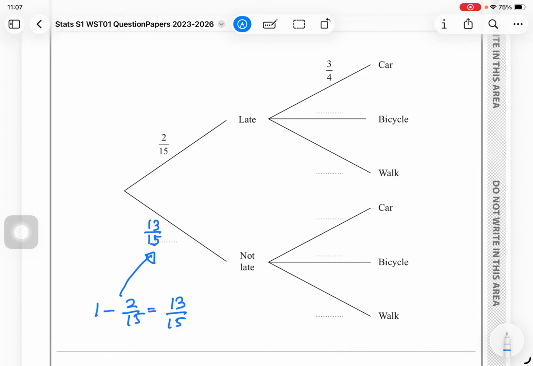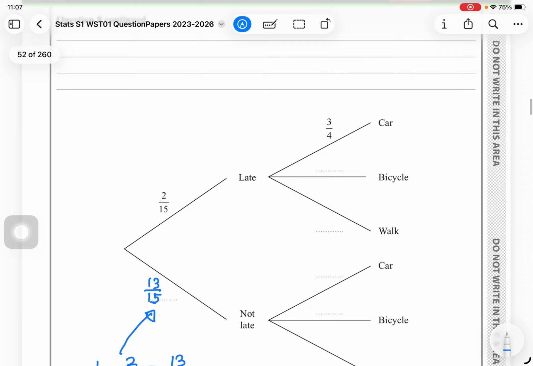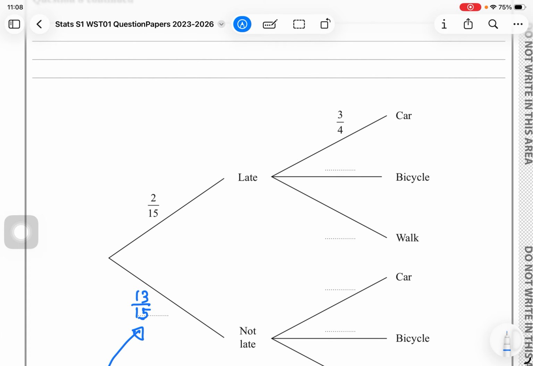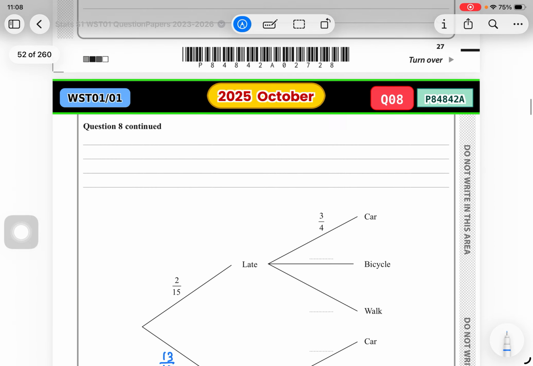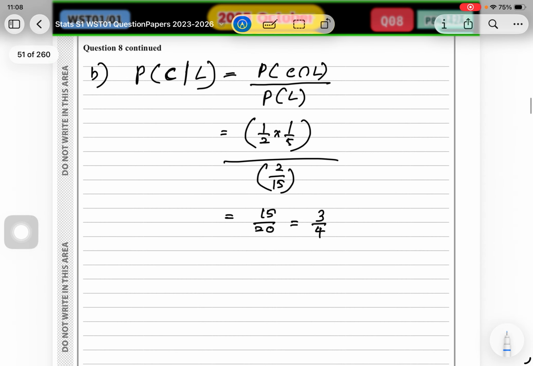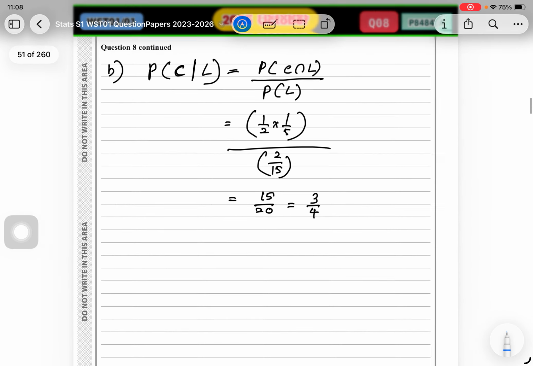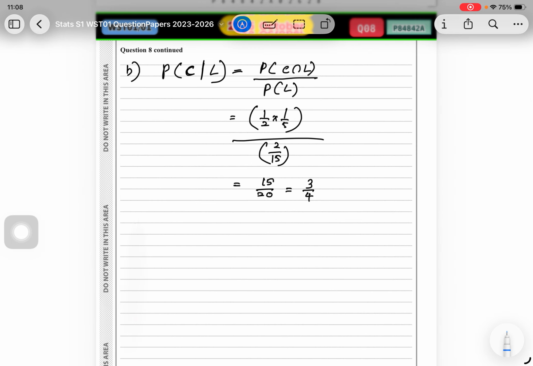And then we know late and coming from the car, but our next question is late and coming from the other one. So we have to calculate in a similar way to what we did here. Let me quickly calculate that for the bicycle as well.